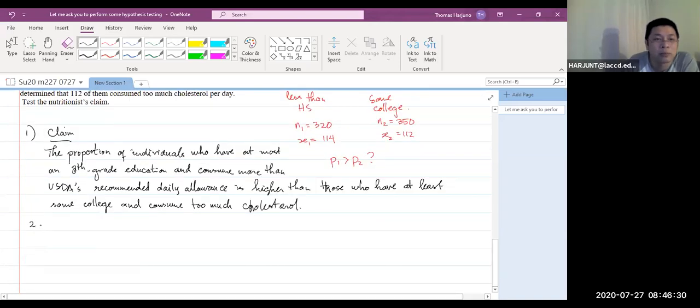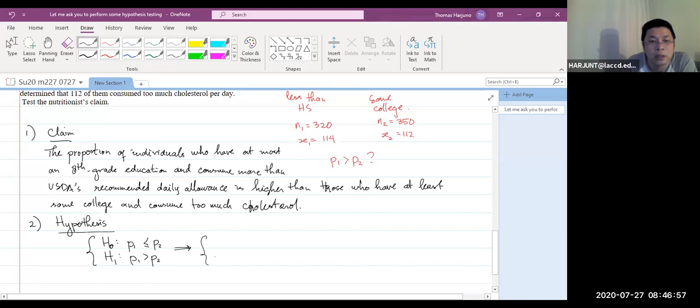Okay, and then step 2, hypothesis. Alternate hypothesis: p1 is greater than p2. Null: p1 less than or equal to p2. And the claim is here. Oh, you know what? Let me modify that first.